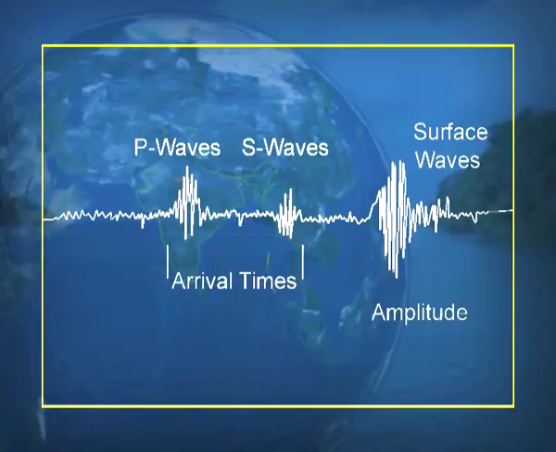When we analyze these waves, they give us information about how different layers of the earth behave with respect to these waves, and the source from where these waves have originated, because P waves and S waves reflect and behave differently with respect to different layers.